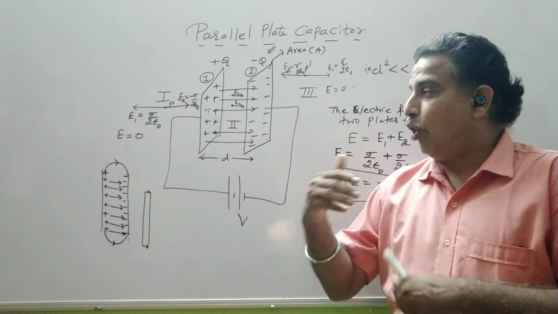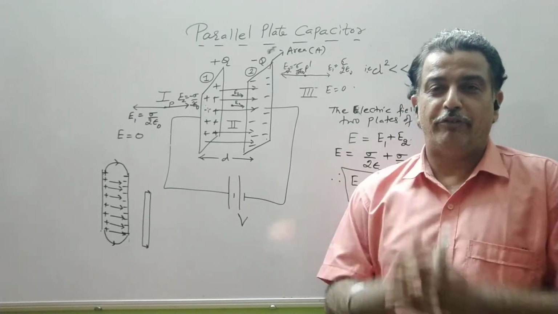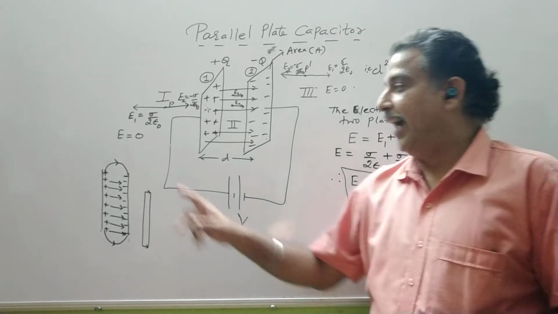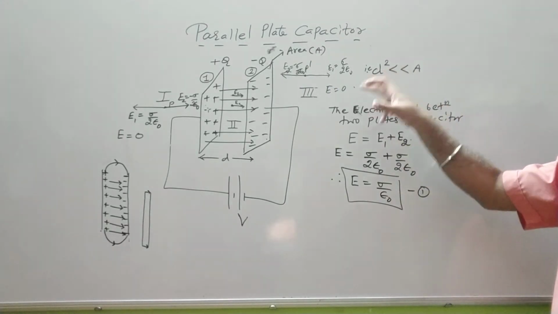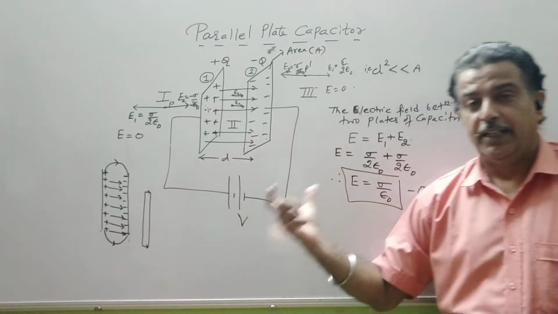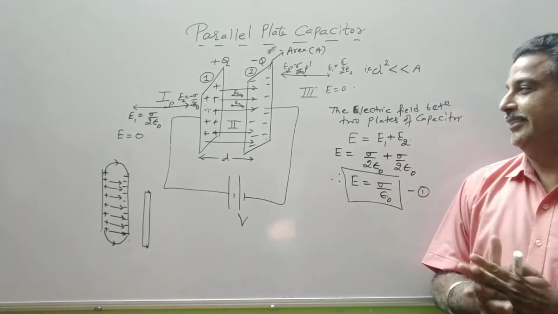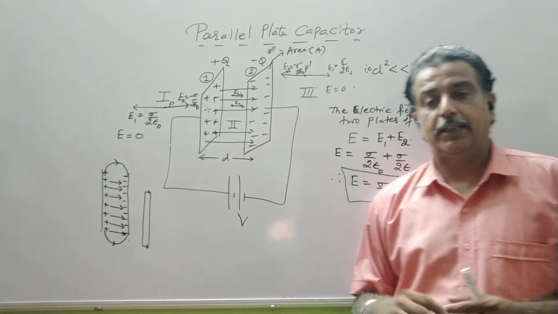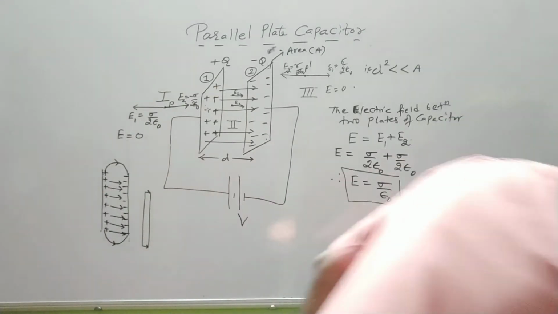Therefore, in order to minimize the non-uniformity of the electric field intensity at the edges of the plate, d square, the distance between the two plates, is kept very small. So this is the reason why d is small.